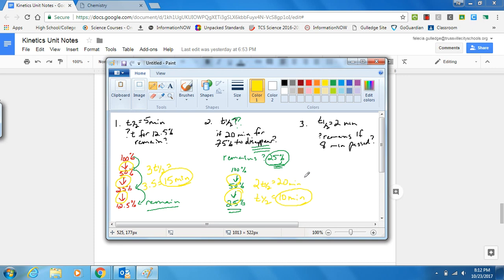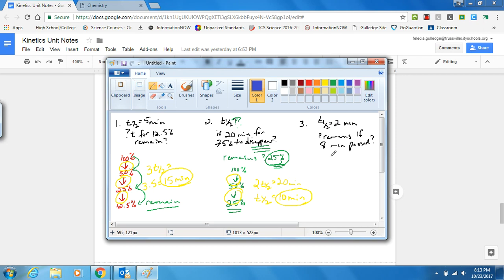So you see how I'm just reasoning through this stuff. Now let's look at another format of the same question. Let's say we know that 1 half-life is equal to 2 minutes. How much would remain if 8 minutes has passed? So we can look at a percentage here. So if I know that 8 minutes has passed, all right, so how many half-lives is that going to be if I have 8 minutes passed?